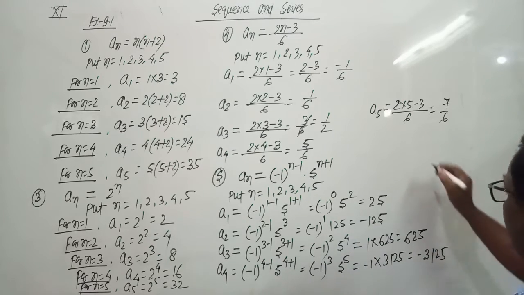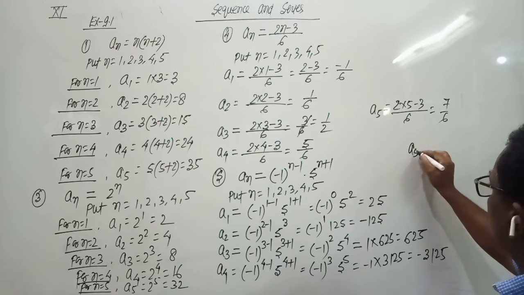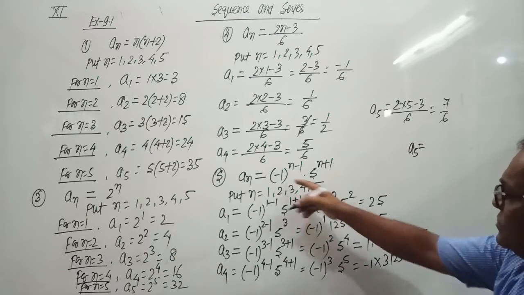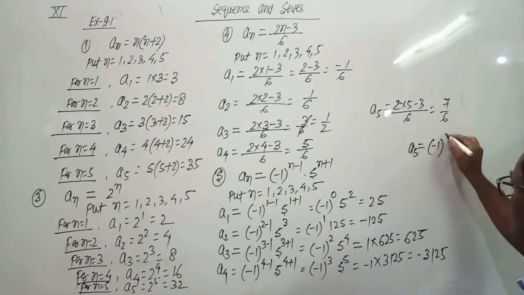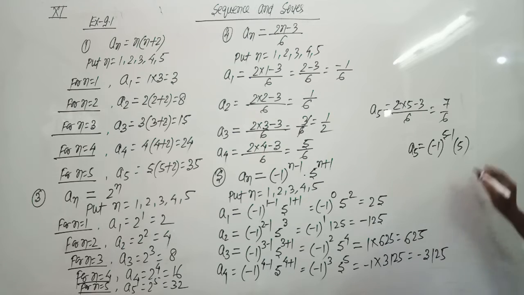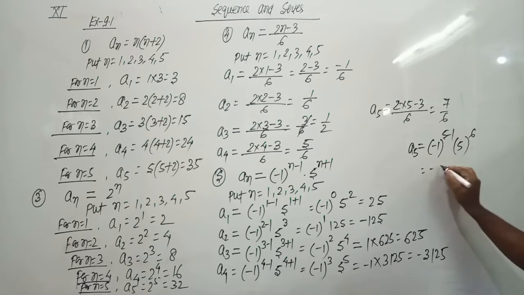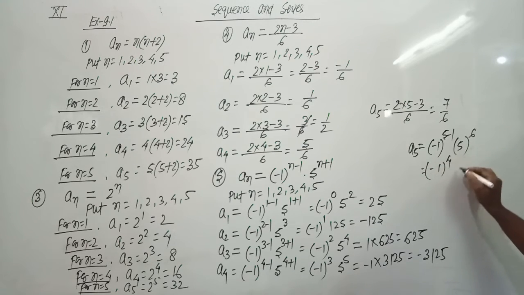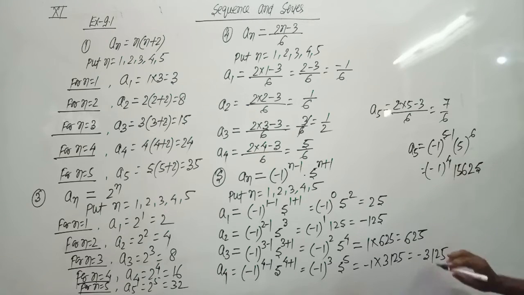Similarly, for n equals 5, a5 equals minus 1 raised to the power 5 minus 1 into 5 raised to the power 5 plus 1, means 6. So minus 1 raised to the power 4 and 5 raised to the power 6, that is 15625.